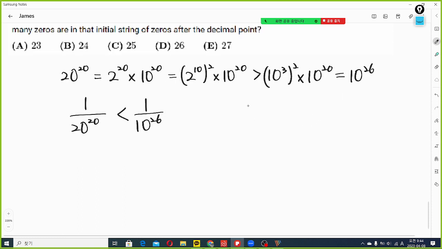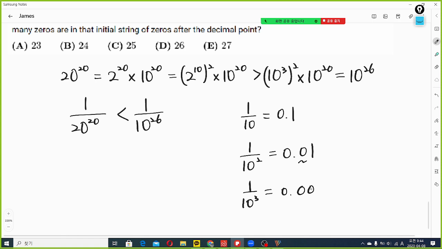So if we start from 1/10, it becomes 0.1 in decimal, and 1 over 100 is equal to 0.01. That means there is 1 zero before the first non-zero number appears, and 1/1000 is equal to 0.001.